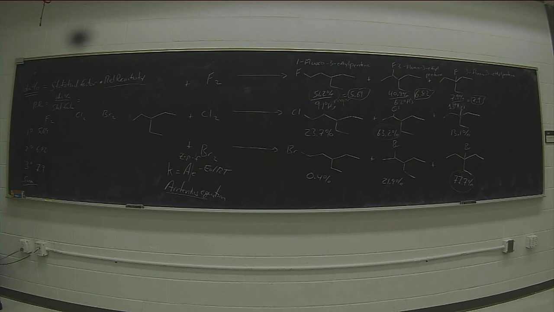We'd like to normalize that so we get a number that's 1 for the primary by dividing through by 5.69. And we come up with 1.2.